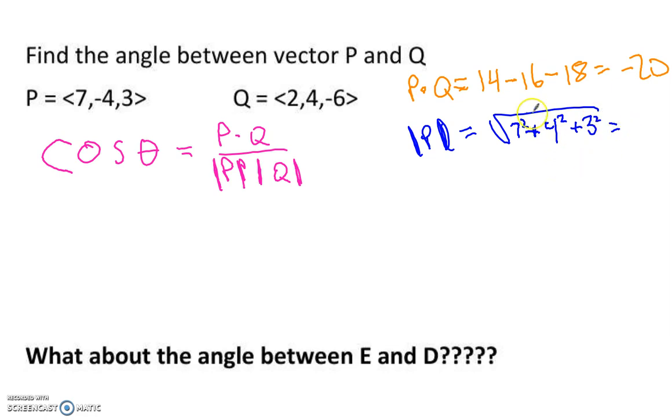Don't even bother, because you're likely going to mess it up. Alright, magnitude of Q, square root, same thing, 2 squared plus 4 squared plus 6 squared. Okay, now I've got to put all this stuff in the calculator. So I did not prepare, and I did not have the calculator pulled up. So I'm going to do that here in a second, and then we'll type in these numbers.